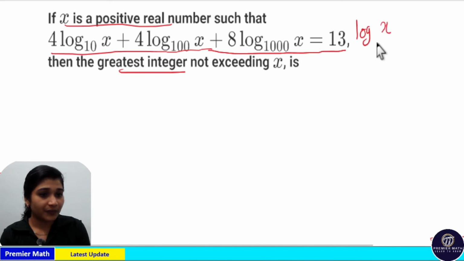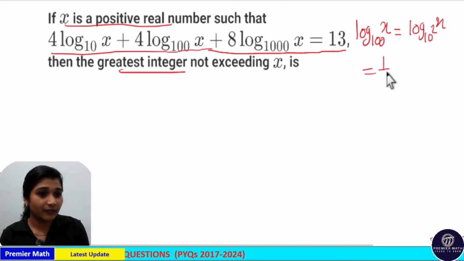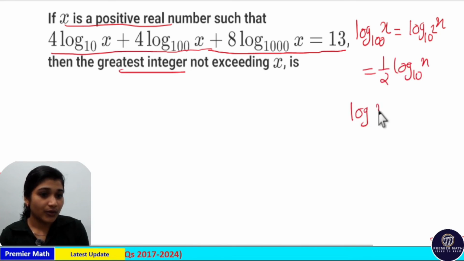Log x to the base 100, I can write it as log x to the base 10 square. Now this will become 1 by 2 log x to the base 10. Also, log x to the base 10, I can write it as log x divided by log 10. Log 10 is 1.